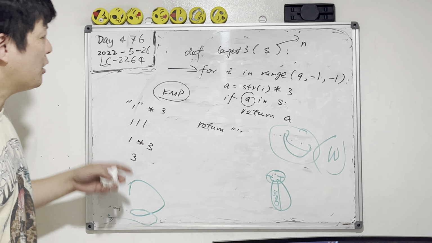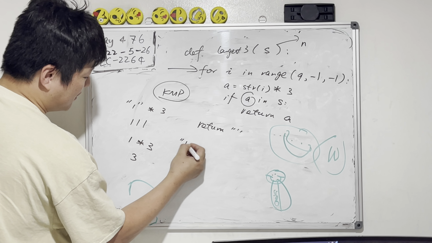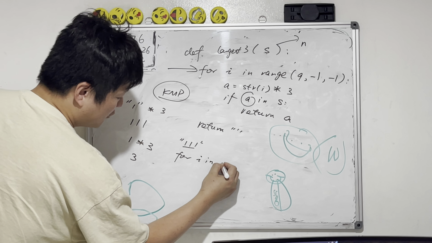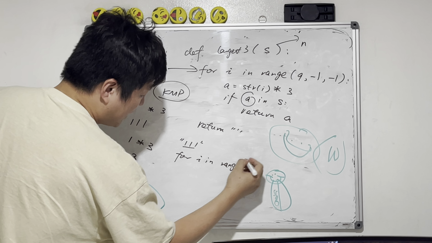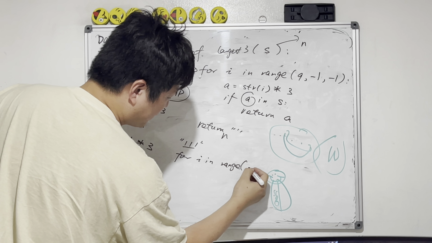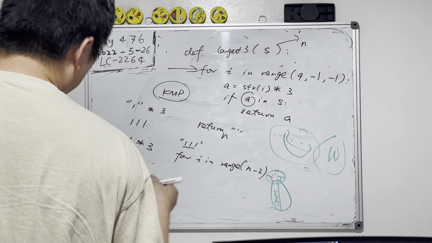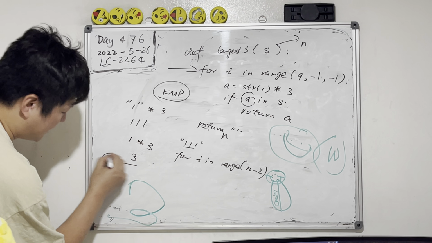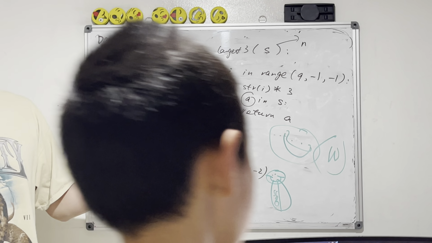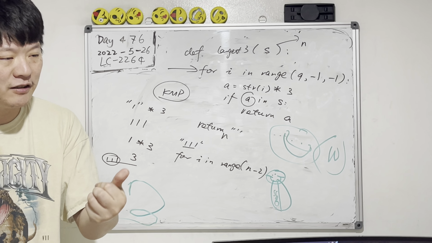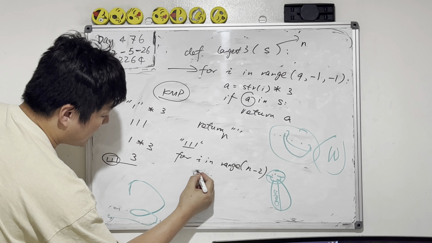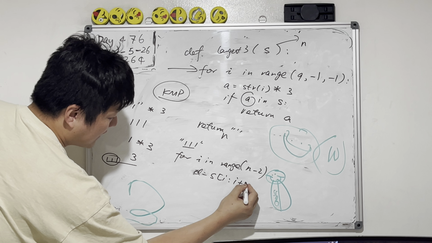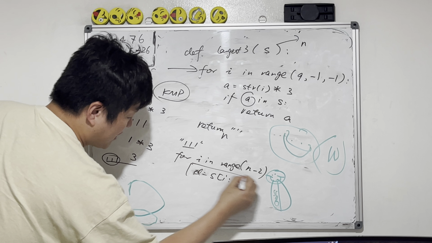The other way is to go through for i in range n minus 2, checking every possible substring of 3 digits. How do we check if the substring contains only one unique number? One way is d equals s[i:i+3], the substring of 3 characters.